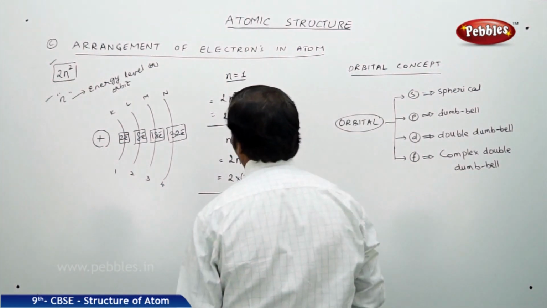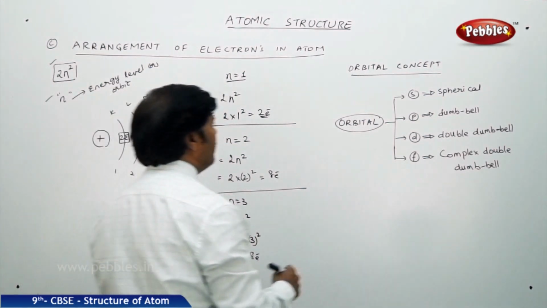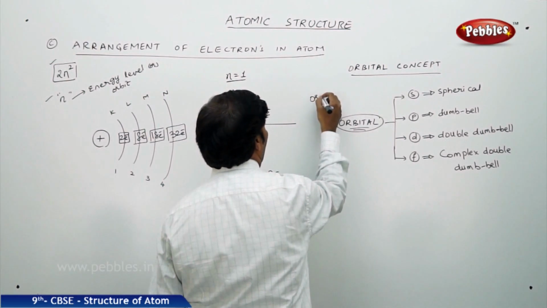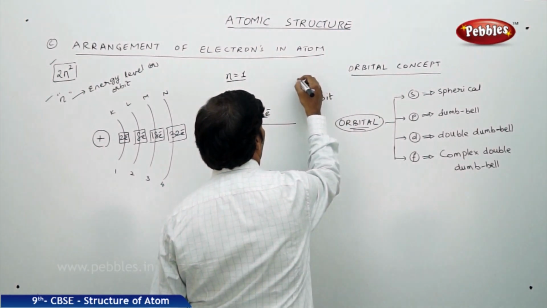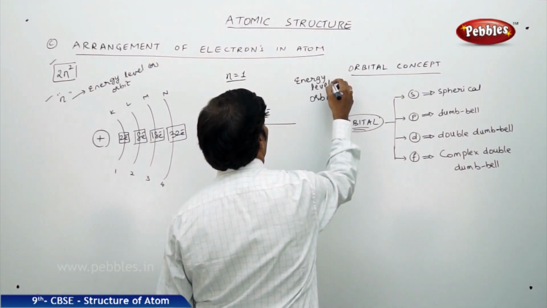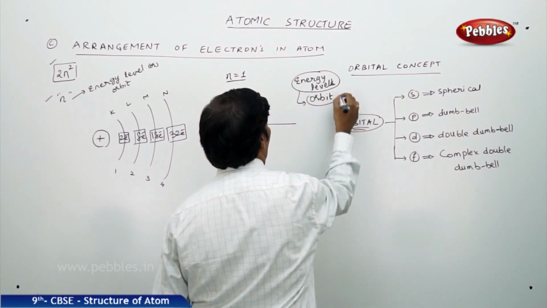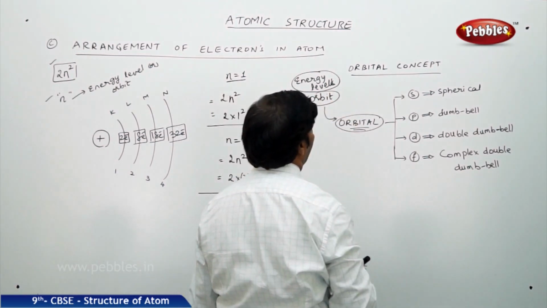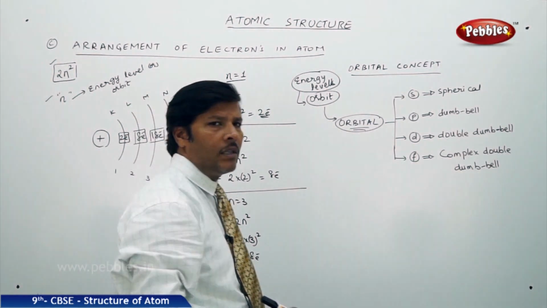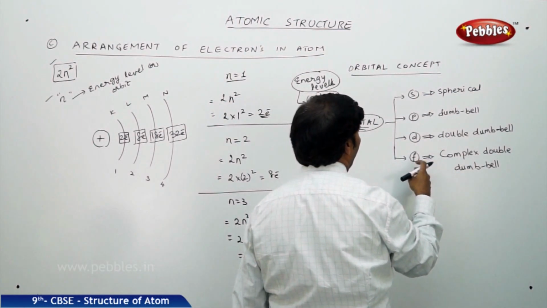So if you take it, I'll put it like this: energy levels are made up of orbits, orbits are in turn made up of orbitals, and orbitals are in turn made up of s orbitals, p orbitals, d orbitals, and f orbitals.